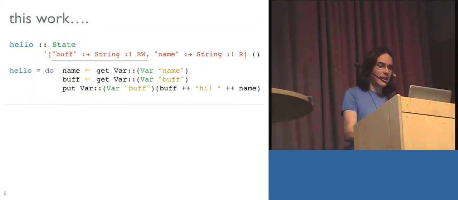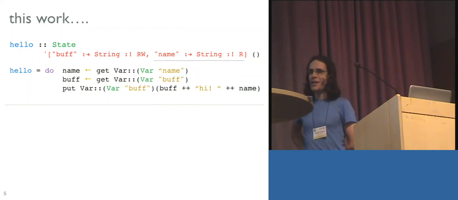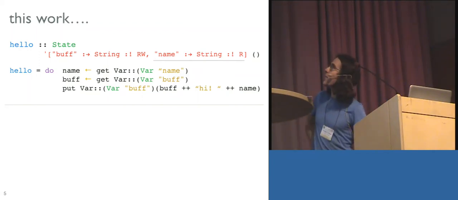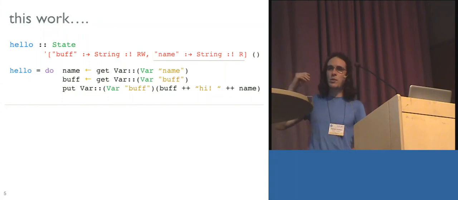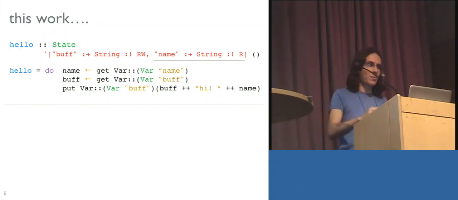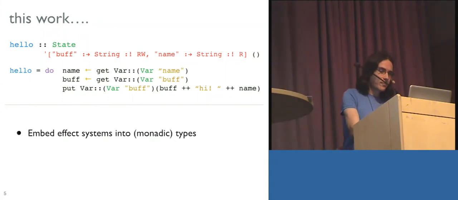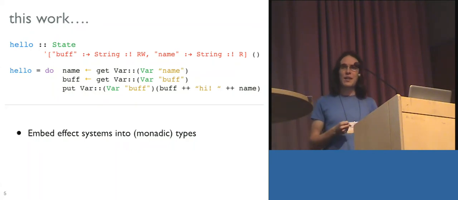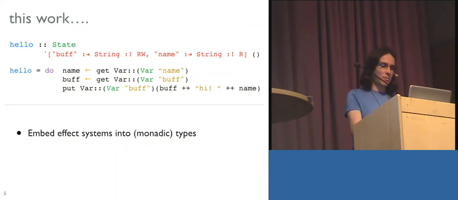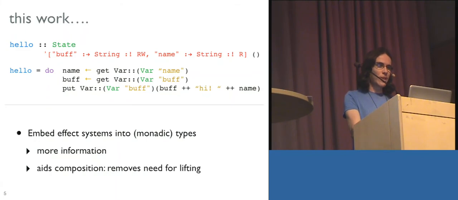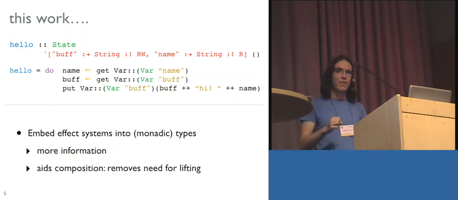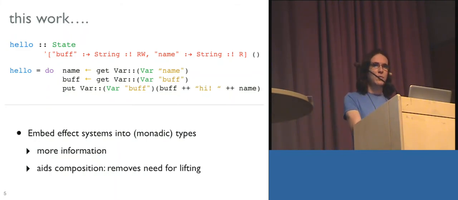It has a read-write effect. And we read something called name, and that's a string. And notice there are no transformers, we haven't used lifts, we don't have to do lots of compositions of lifts. And so the technique is essentially to embed an effect system into the monadic typing approach. This gives us more information, rich information about the effects, and it helps us with composition.